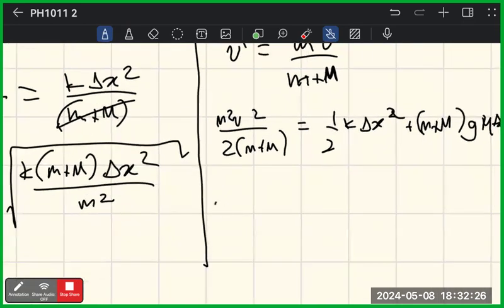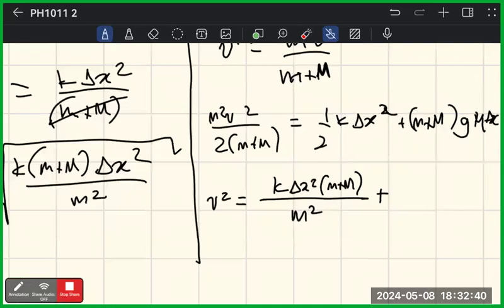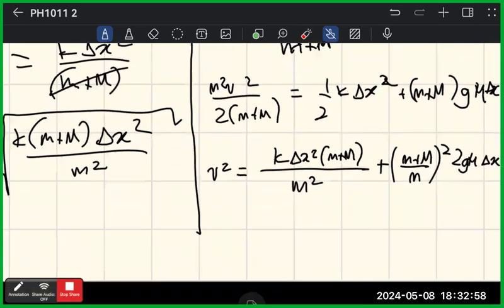So phi squared is going to be k delta x squared times (m plus M) over m squared, added by (m plus M) over m squared times 2g mu delta x. Is it correct? Yes, it is correct.